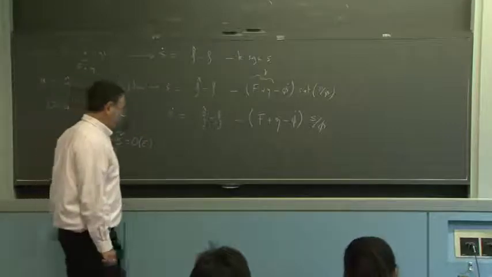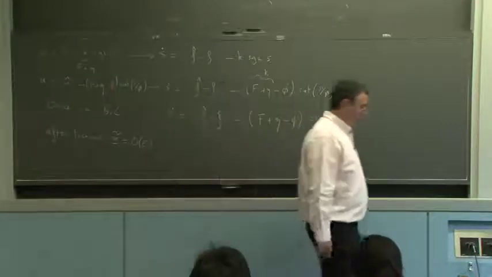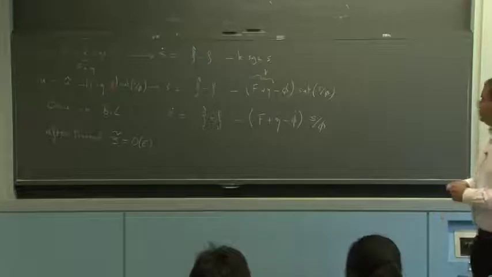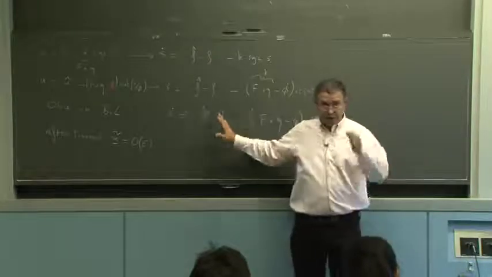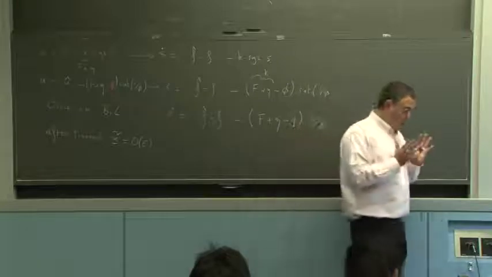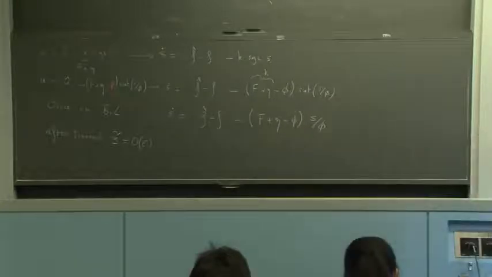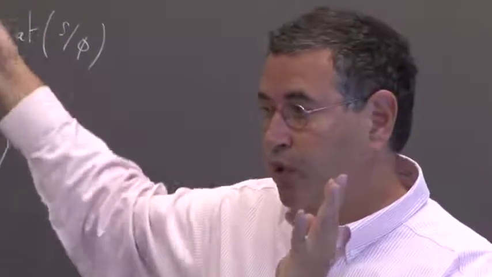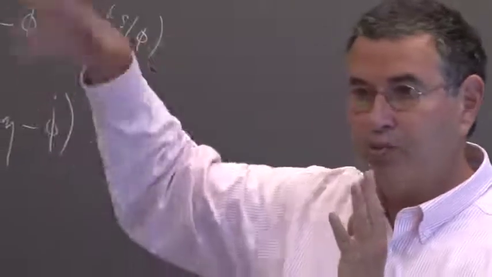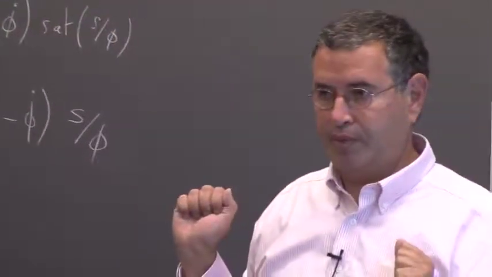And so all of these quantities are what they would be along the desired trajectory, plus something of the order of epsilon, strictly speaking, a Lipschitz constant times something of the order of epsilon.